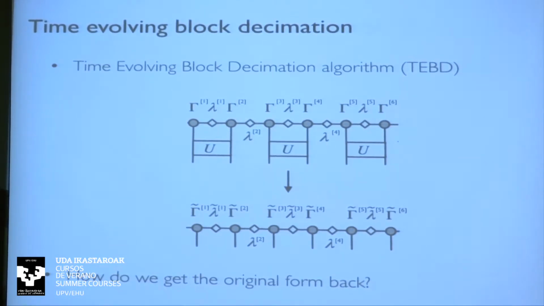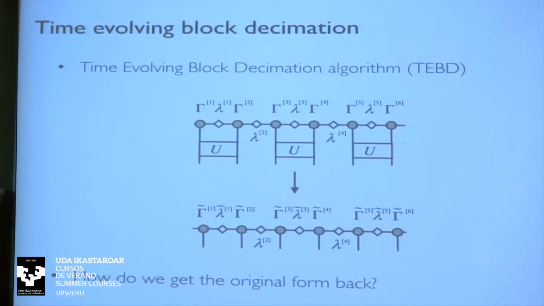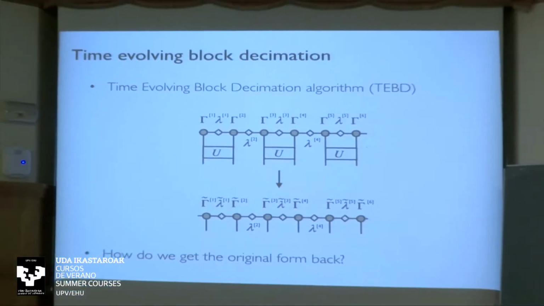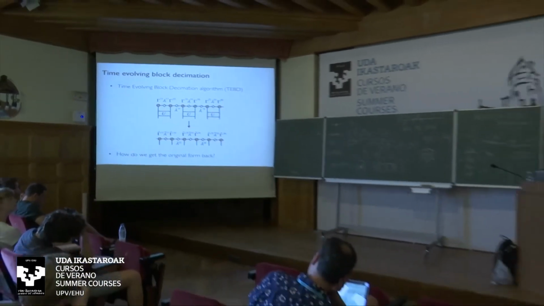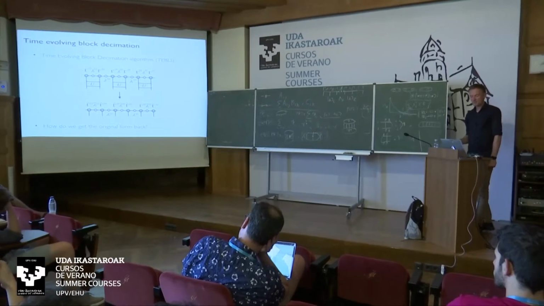Then using this trotterization, just by alternating the update between even bonds and odd bonds, we can perform both real-time and imaginary time evolution. Right? So the question is, how do we get from this form back to our canonical MPS representation?